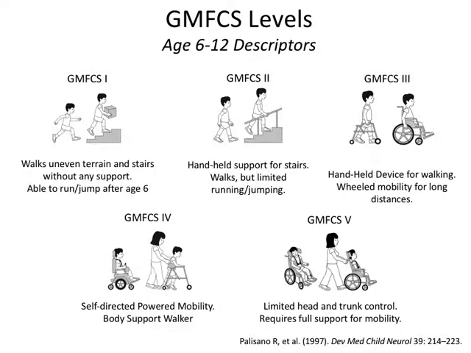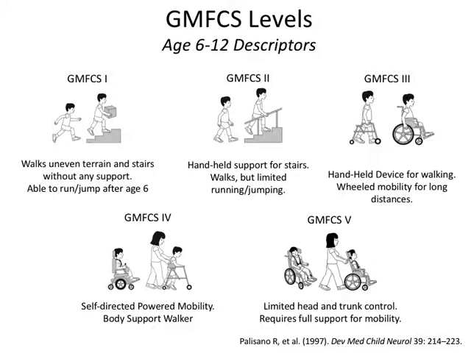So just as a review, GMFCS 1 walks without any support at age 6 to 12, and can run and jump. GMFCS level 2 starts to use handheld support for stairs, but has limited ability to jump and run. By GMFCS 3, you're using a handheld device for walking and wheeled mobility for long distances.